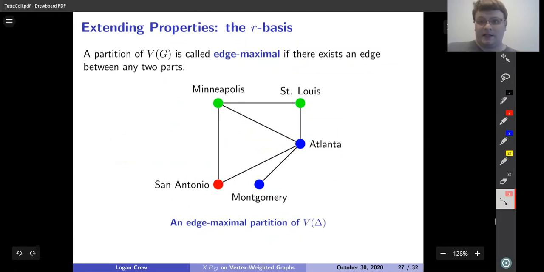Basically what this means is that this represents a proper coloring, but we can't combine any color classes. If there were 2 color classes that didn't have any edges between them, then we could combine them into a bigger class. So these are in some sense maximal partitions of the graph into stable partitions, let's say, although it need not be the case that they're actually stable, because the parts themselves can have edges inside of them.